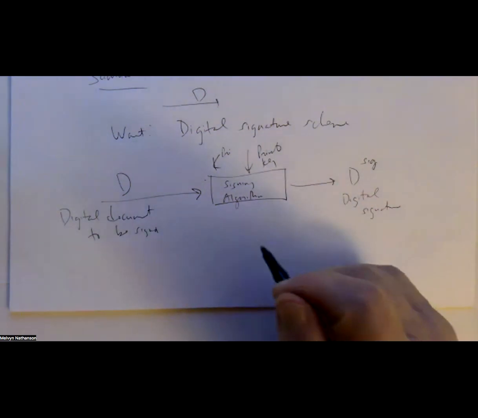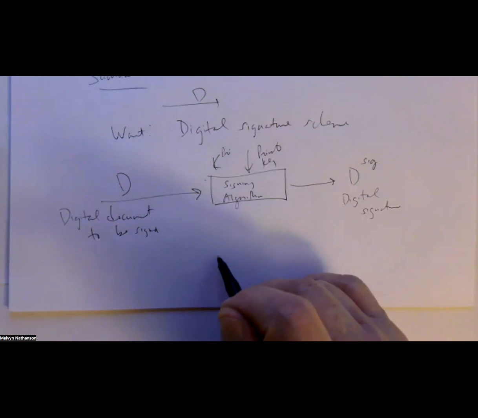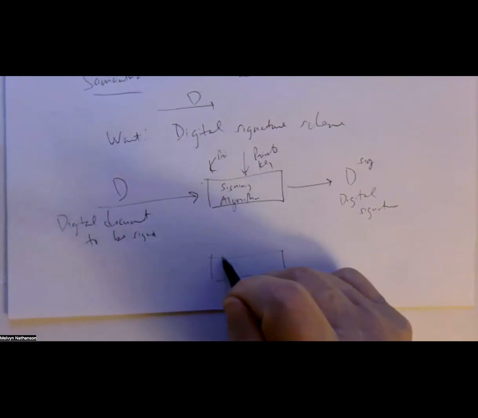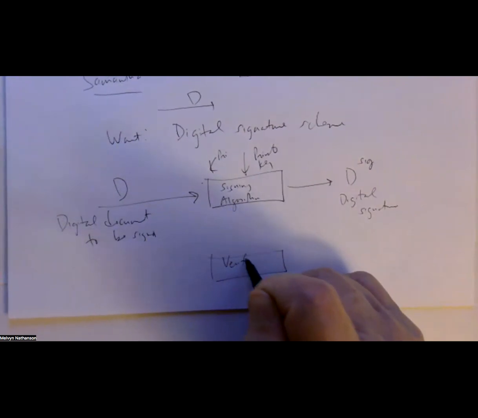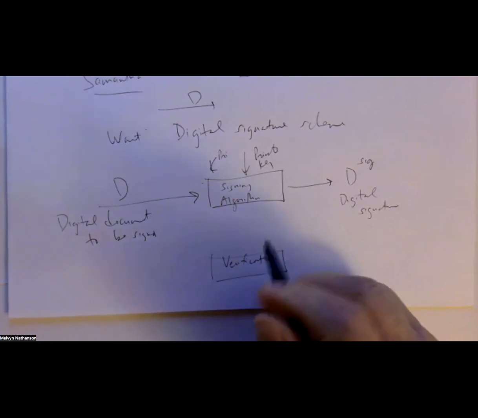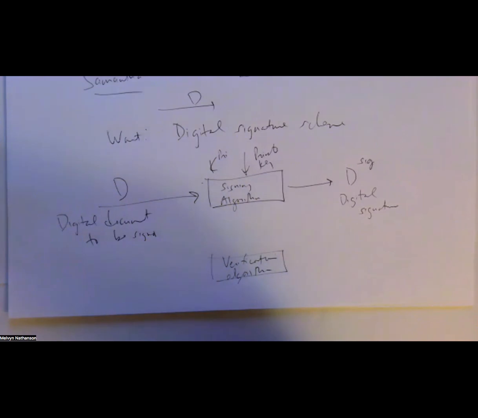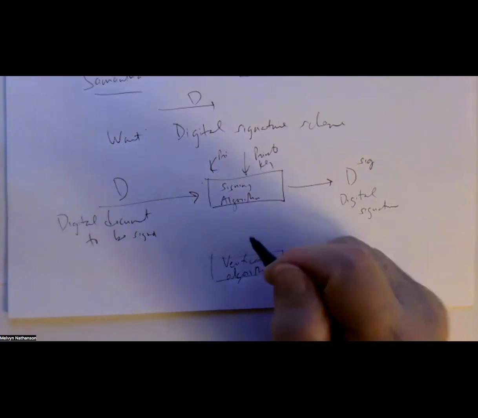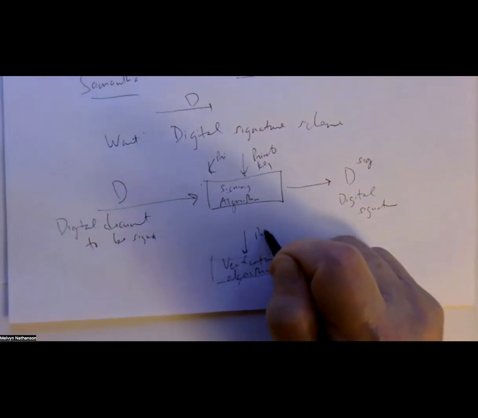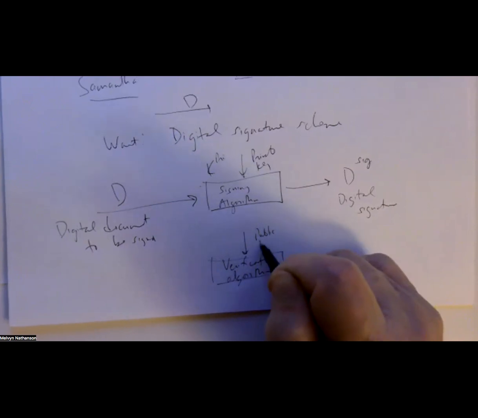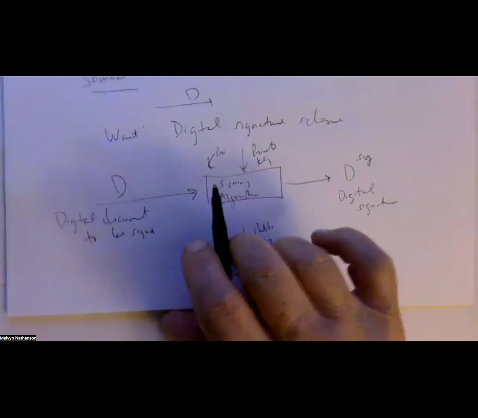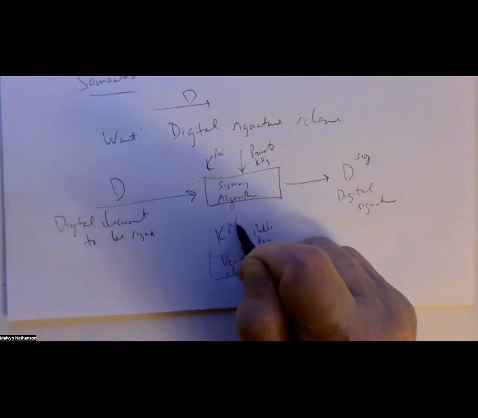And the receiver has some way to verify that the signature is authentic. And anyone can verify a signature. There's a public key that allows you to do this, public.